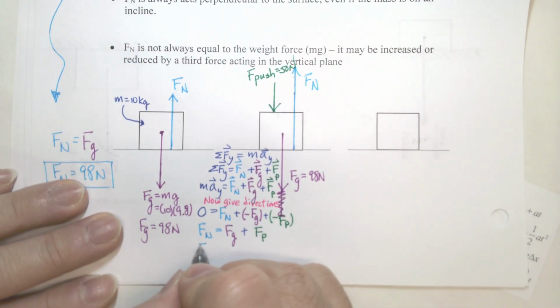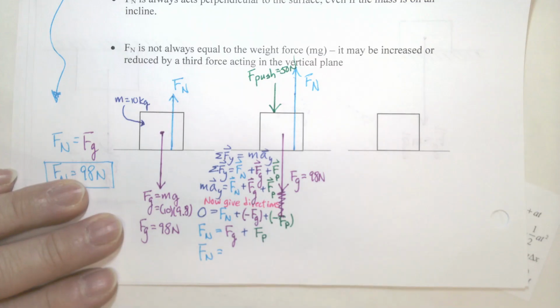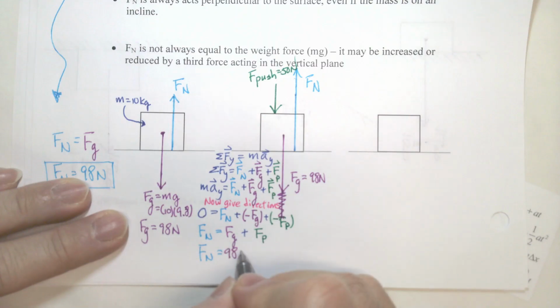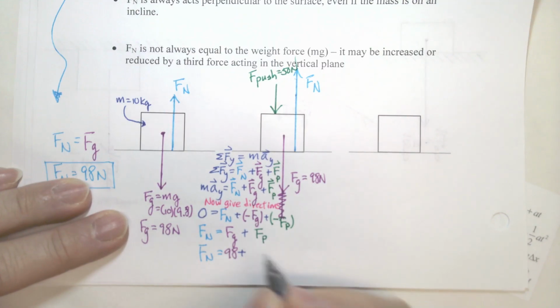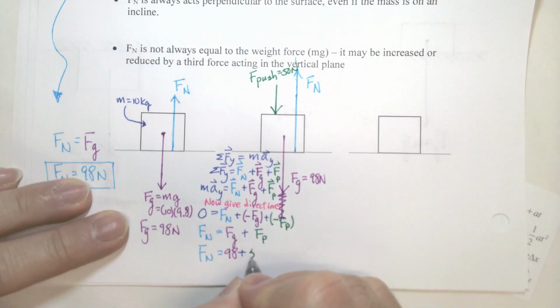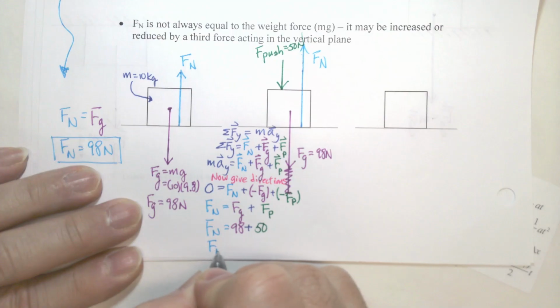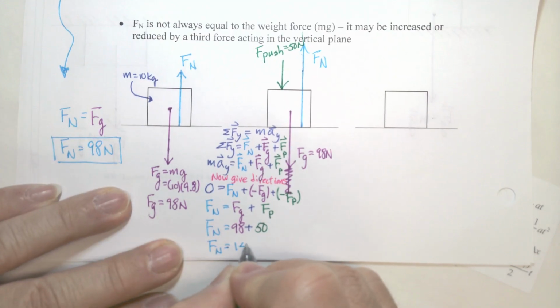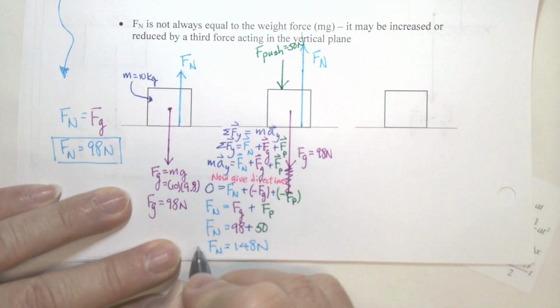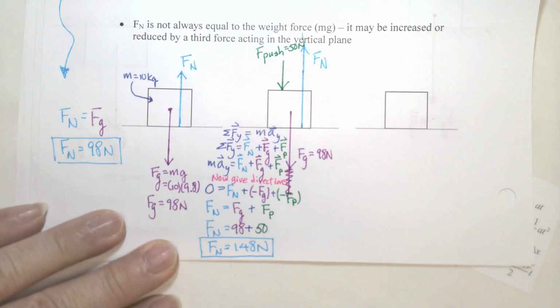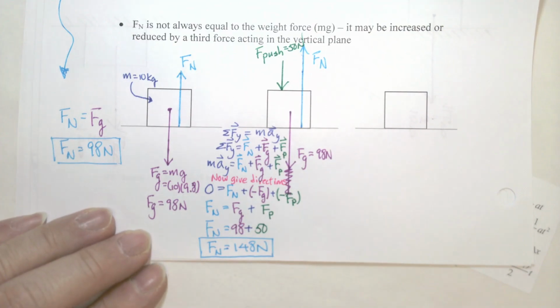So my F normal is equal to 98 plus 50 newtons. So my F normal now is equal to 148 newtons. So it's not the same as the weight. Okay?